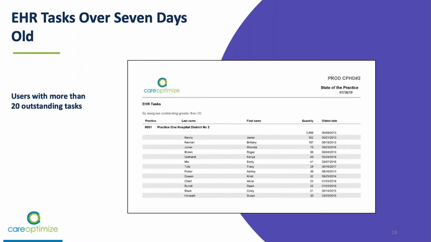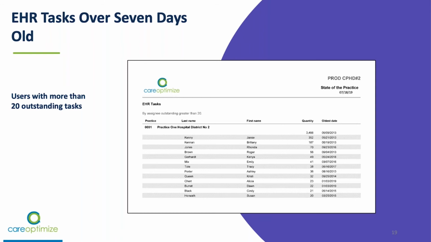EHR tasks over 7 days old, similar to the practice management tasks. If we are utilizing a task management component of our electronic health record, we want to make sure we're actually closing those tasks. Taking into consideration anything that's over 7 days old, we might want to focus down on that segment of the report and then have a meeting or two with certain stakeholders within the organization that will help us get these tasks closed.